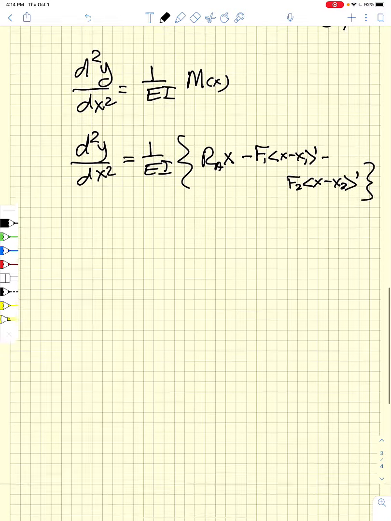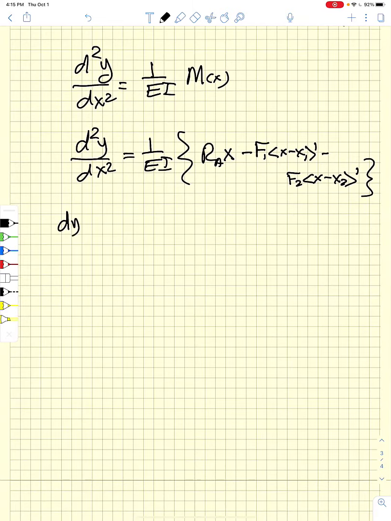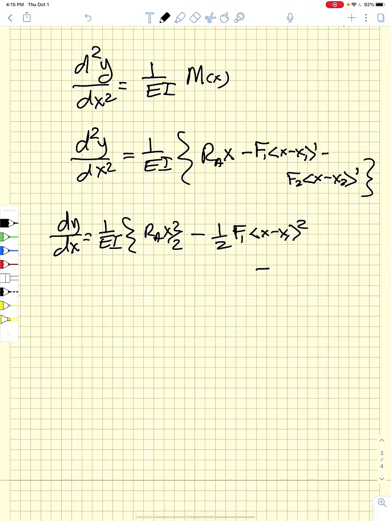So I'm going to go ahead and integrate that. I get that my slope dy/dx is 1 over EI times the quantity RA x squared over 2 minus 1/2 F1 (x minus x1) squared minus 1/2 F2 (x minus x2) squared plus C1. And I've decided to put my C1 inside the brackets, meaning I'm multiplying all four of these terms by 1 over EI.